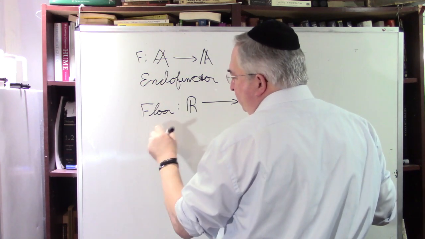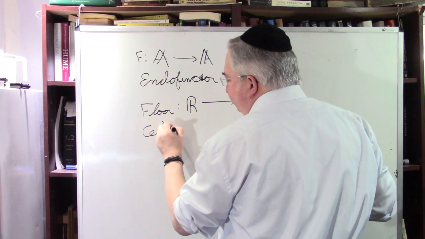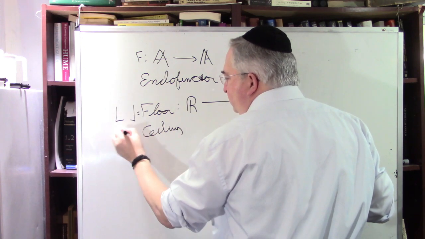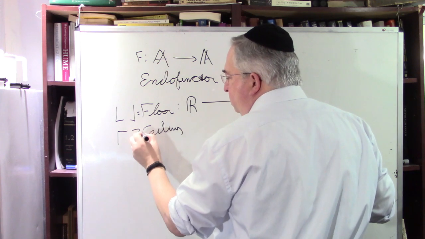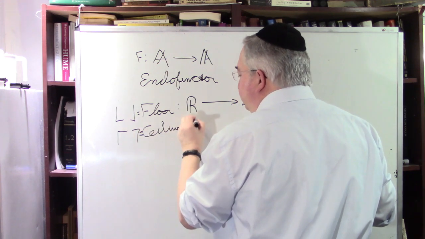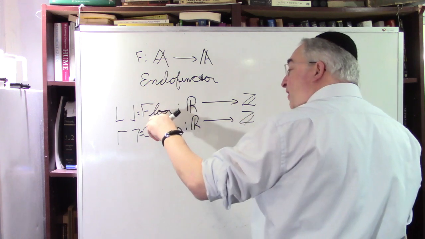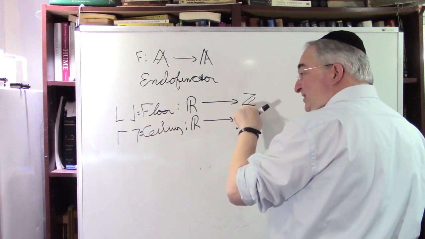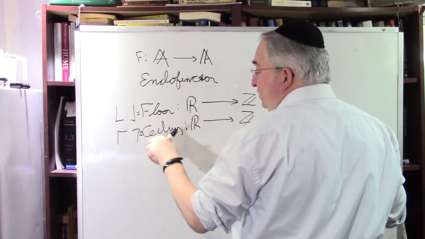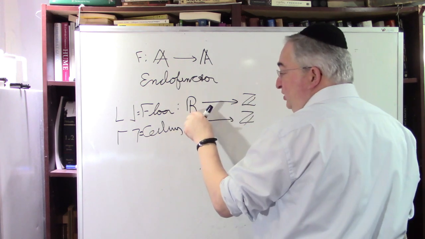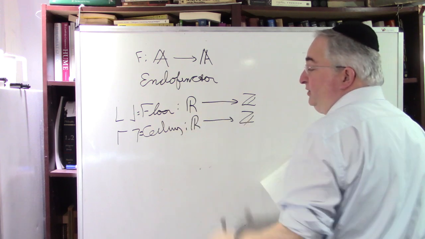There's also the ceiling, usually written like this. This also goes from the real numbers to Z. This gives you the whole number less than or equal to this real number.